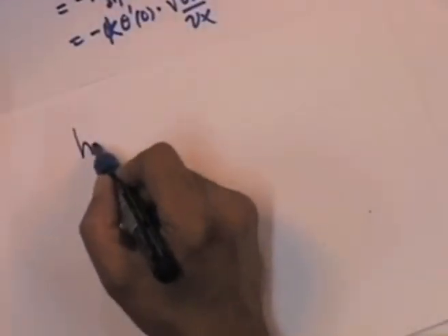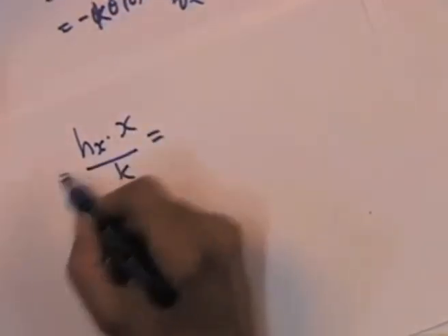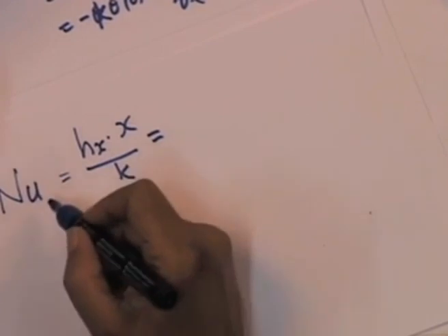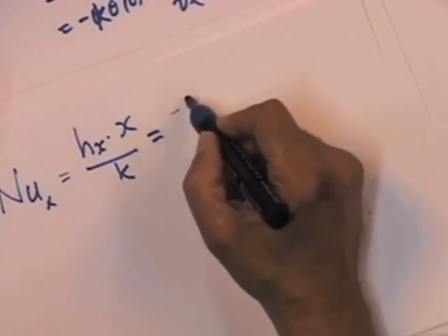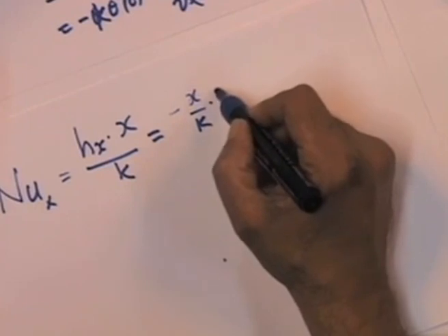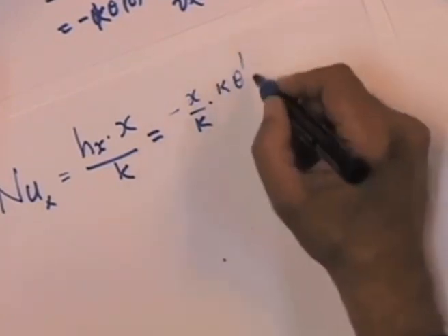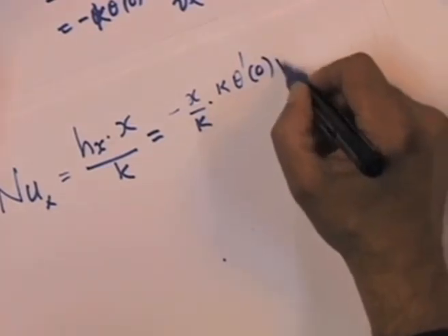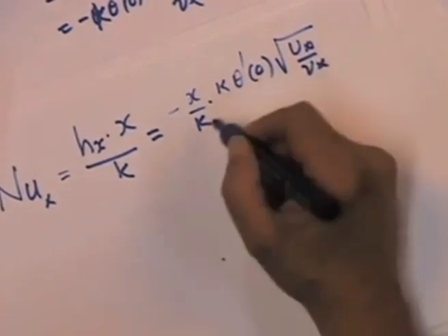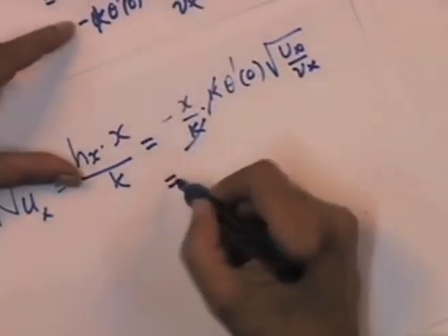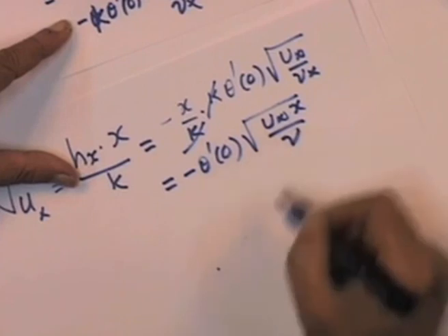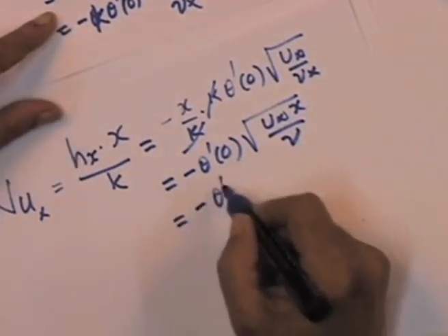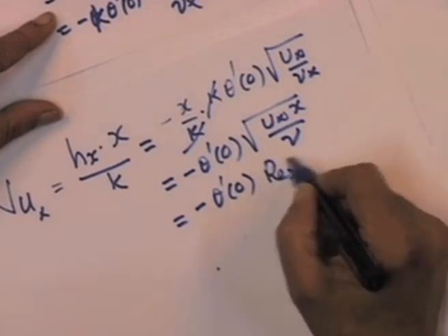Multiplying by x by k, which is how I define the Nusselt number Nu x, this becomes equal to minus x by k into k theta prime 0 into under root u infinity by nu x, and k and k get cancelled, and you will get this as minus theta prime 0 into under root u infinity x by nu, and that is nothing but minus theta prime 0 Rex to the half.